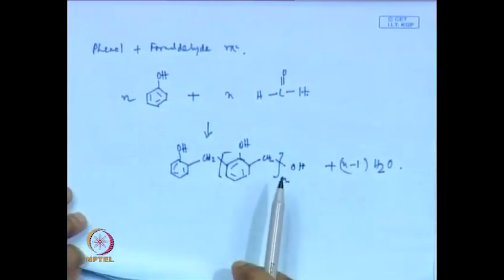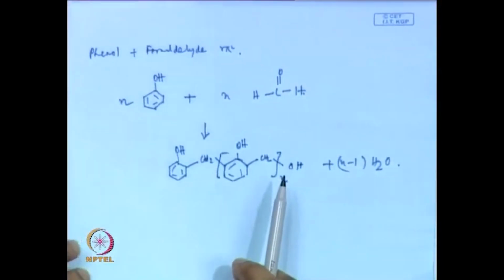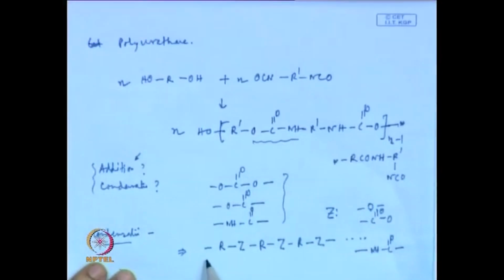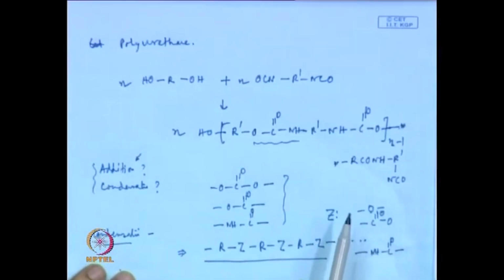So, this polymer is formed by condensation reaction, but the definition we came up with a few minutes back, where condensation polymers are represented by this, and anything else is called addition polymers.